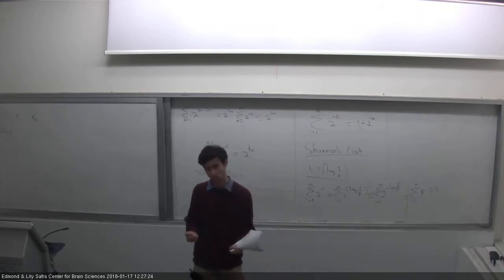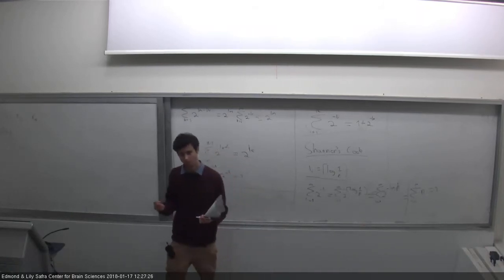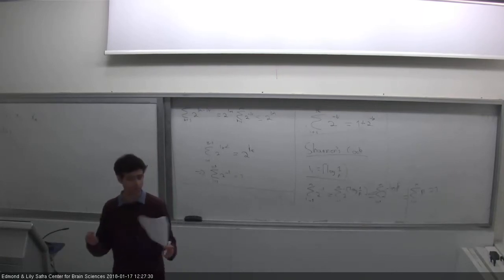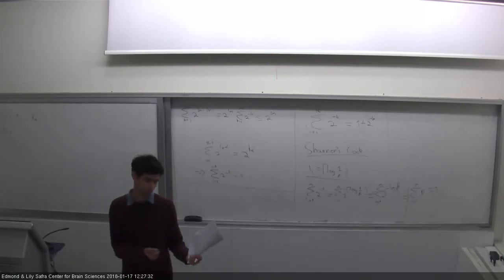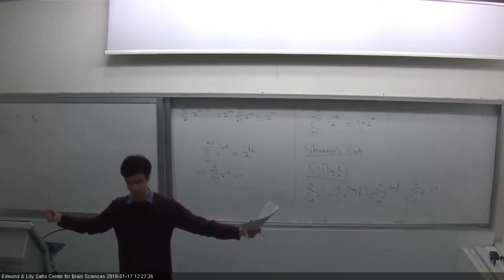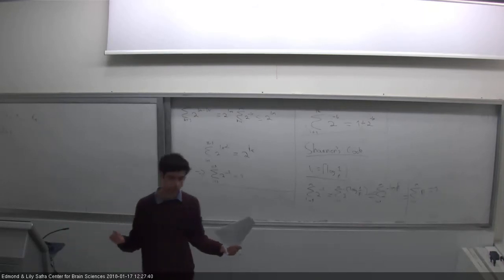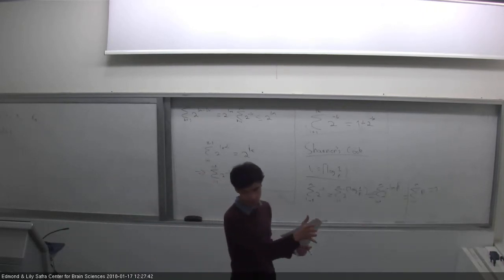Now I want to ask myself, maybe I can transfer the messages using blocks. I have a lot of messages. I still want to know the expected length of one message, but I will transfer a lot of messages together.